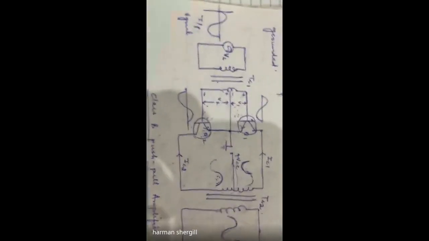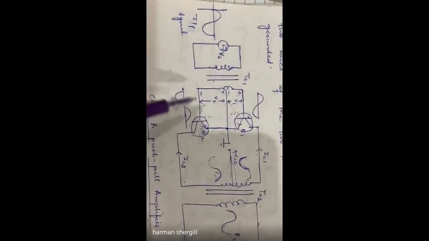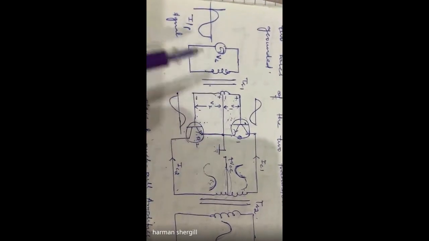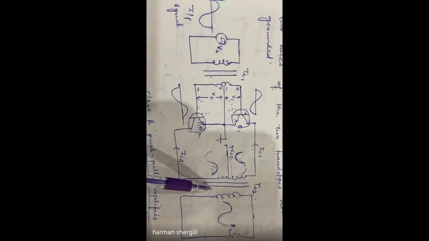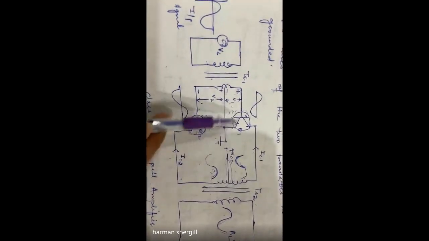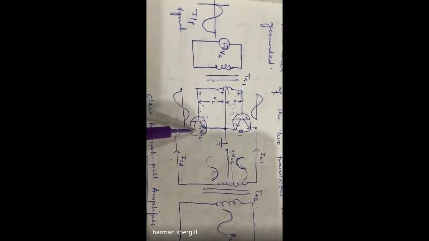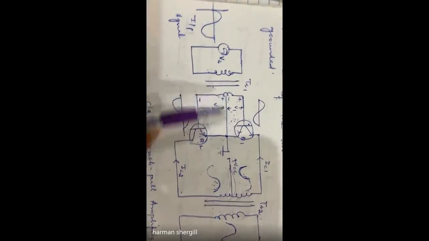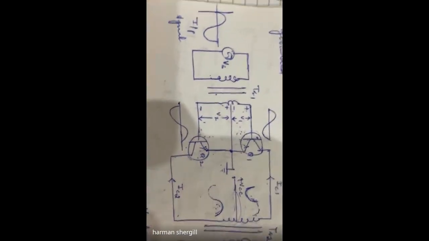This circuit is almost identical to the Class A push-pull amplifier. We have used two transistors, Q1 and Q2. This is your input transformer and this is your output transformer. The bases of Q1 and Q2 are connected to the opposite ends of the secondary winding of the input transformer, TR1, and there is a load resistance RL.